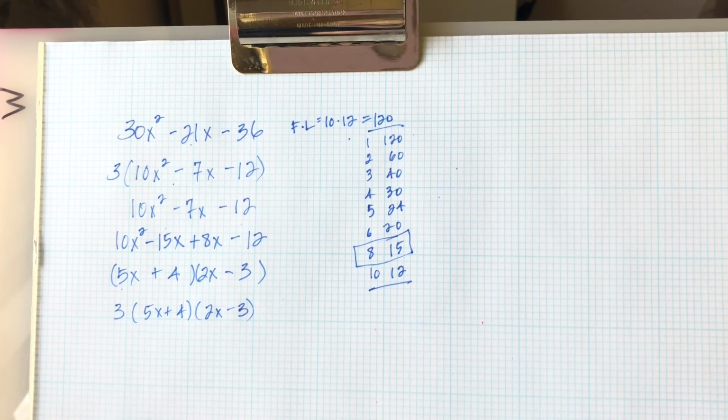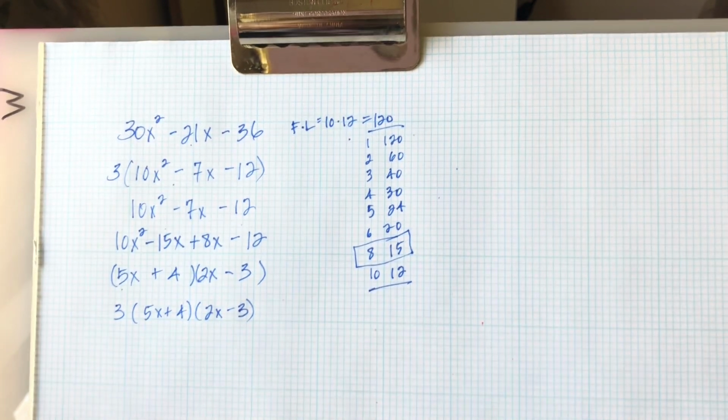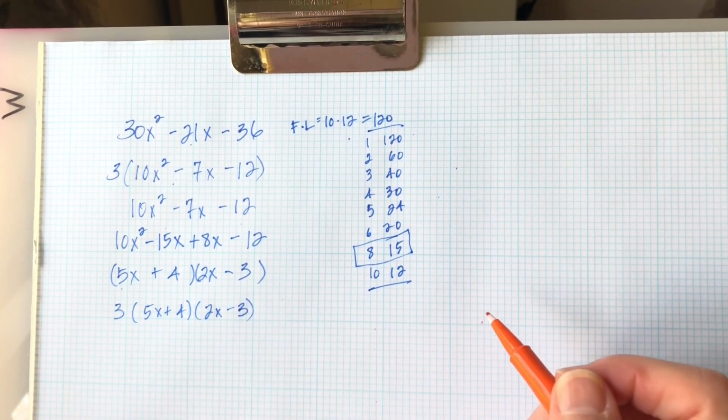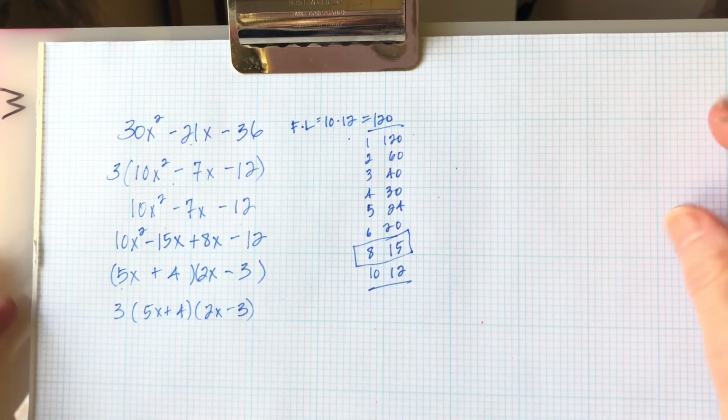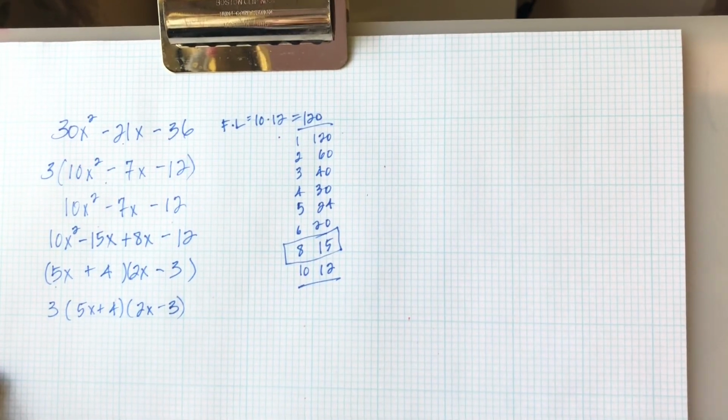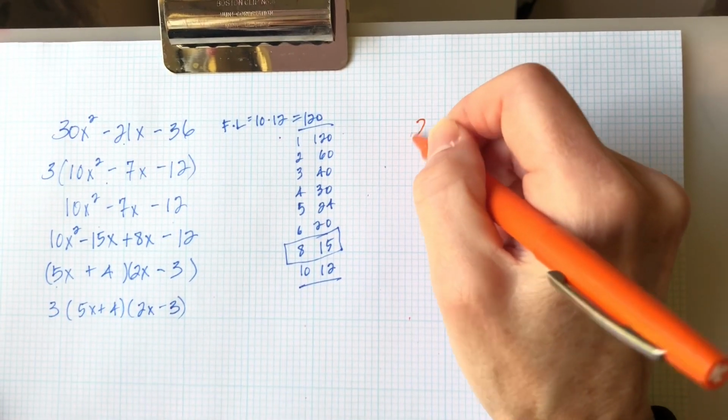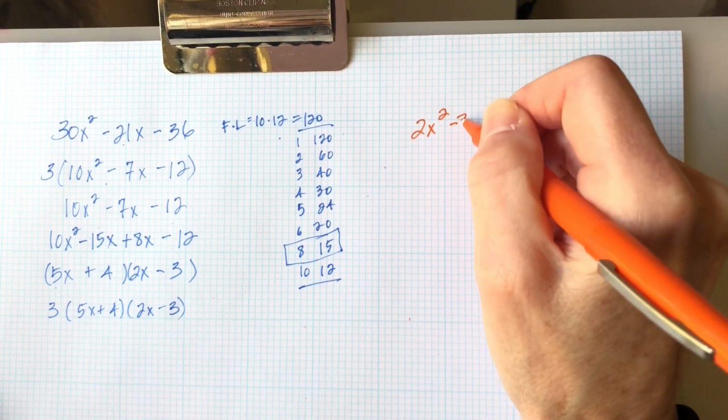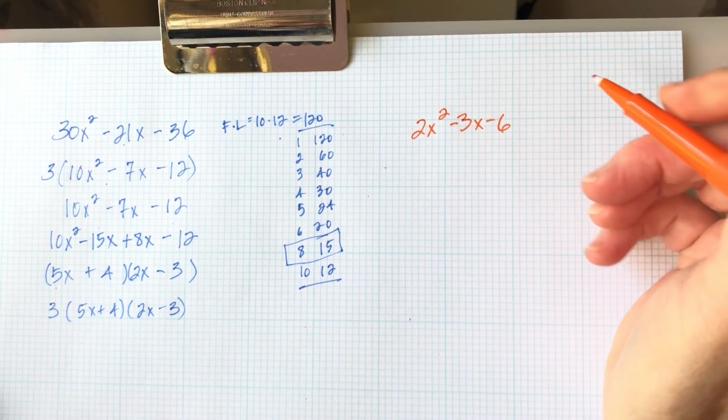Now, one more example quickly. Let me go over here. Let's shift this a little bit. The expression 2x squared minus 3x minus 6.